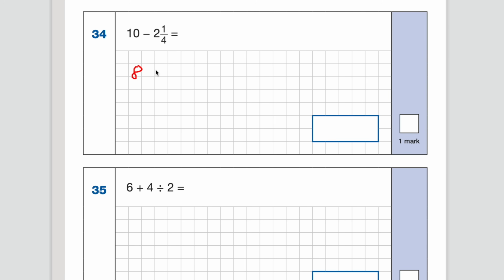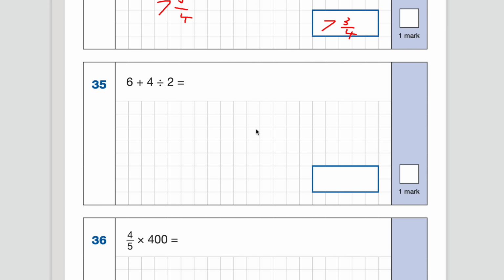So if we say that 8 is the same as 7 plus 4 quarters, that's exactly the same as 8. We take away 1 of the quarters, so we have 7 and 3 quarters left. So that is just a little bit of a trick way, so our answer is 7 and 3 quarters.